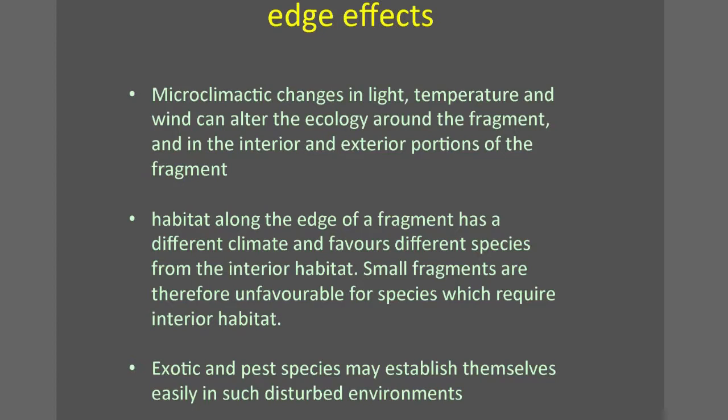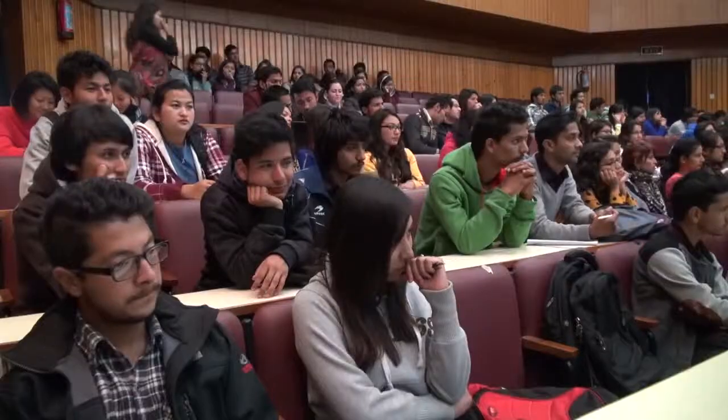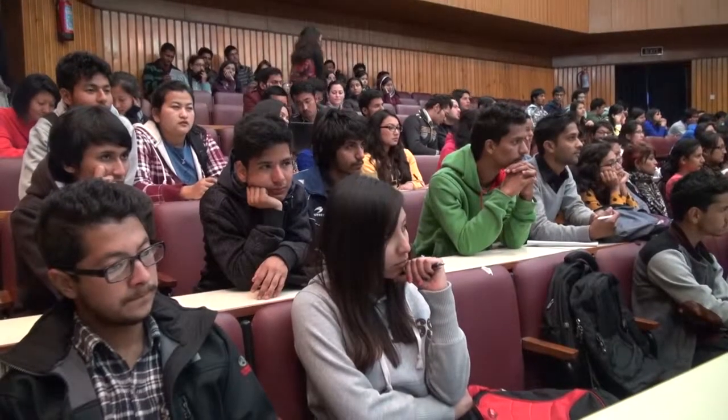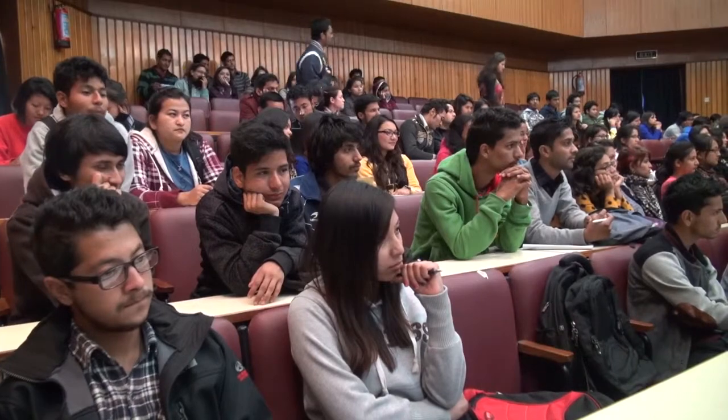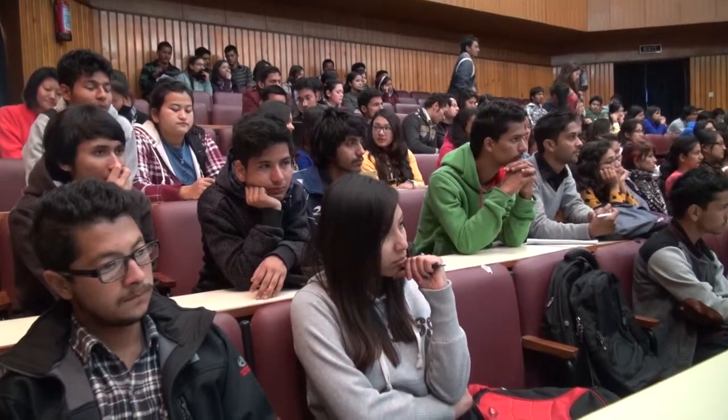And it means also that many species that used to live in a dense forest can no longer live in the fragment. So that's reducing biodiversity as a general rule. And also because species have dropped out of the fragments, fragments are more vulnerable to invasion by alien species.